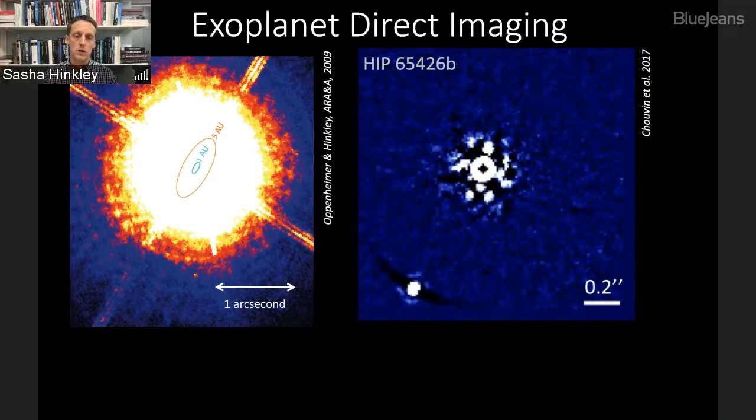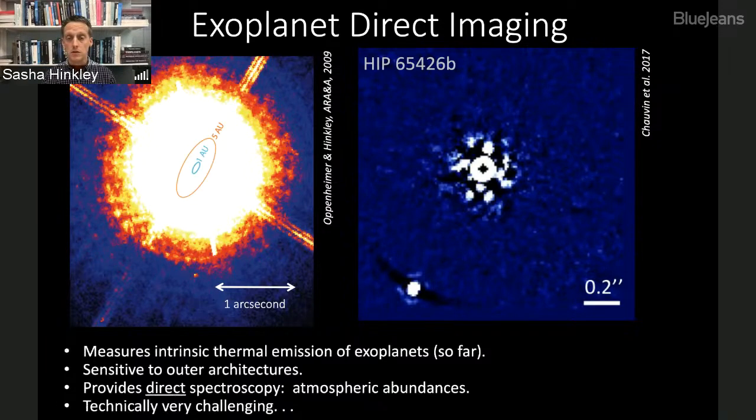In the transit community, you have your own limiting systematics, but these are our limiting systematics that we need to model and subtract. When we do that, we can sometimes uncover the presence of bright, self-luminous, Jupiter-mass type planets. So here's the object HIP 65426 that Liz mentioned a few minutes ago. In this game, we're really sensitive to the outer architectures, tens, hundreds of astronomical units.